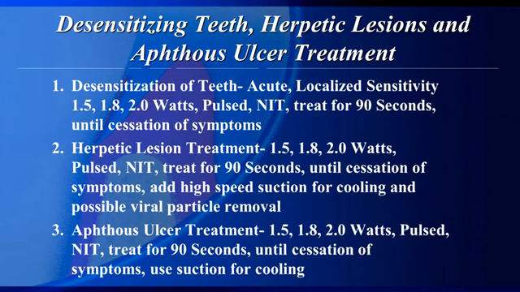For acute localized sensitivity, all we'll typically do is use the laser at about 1.5 watts for 90 seconds. And then we'll check the sensitive spot. If it's gone, we're done. Average fee, $45. We usually use D9910, which is desensitization of teeth via topical medicament. And after we use the laser, we'll put a little paint on desensitizer so that we don't go to insurance jail.